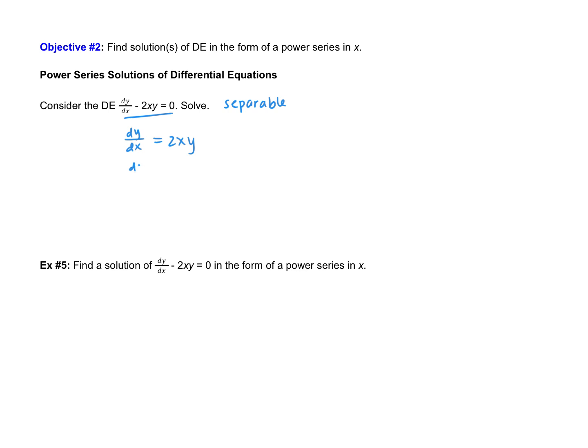If we separate, we have dy over y is equal to 2x dx, and we're going to integrate, which would give us natural log of y is equal to x squared add c. Solving for y, we would get y to be e to the power x squared add c, which tells us that y equals e to the x squared is one solution.